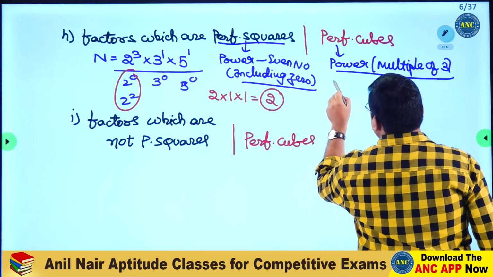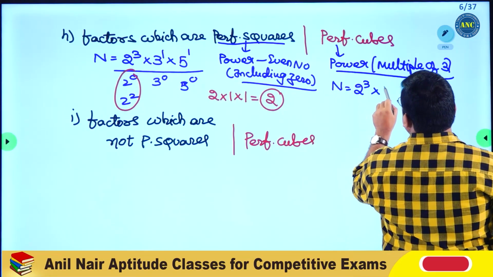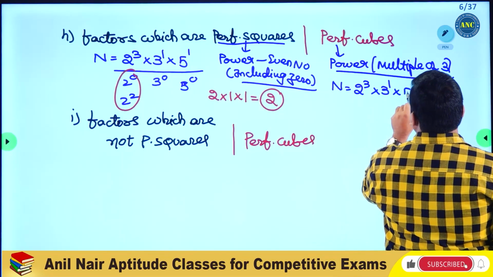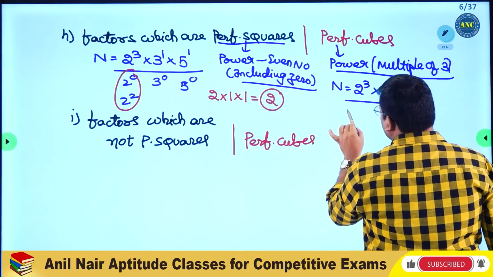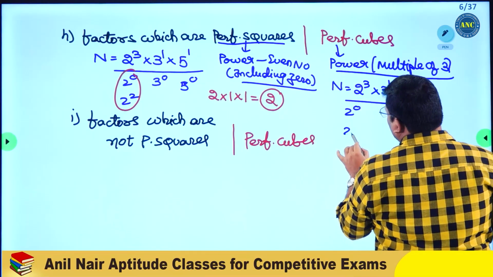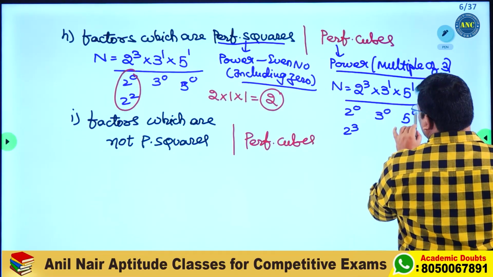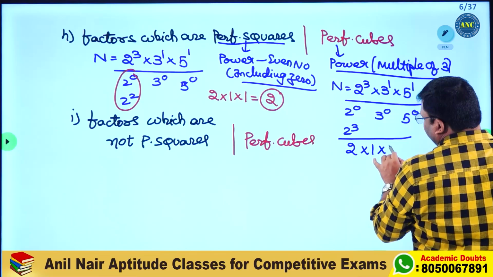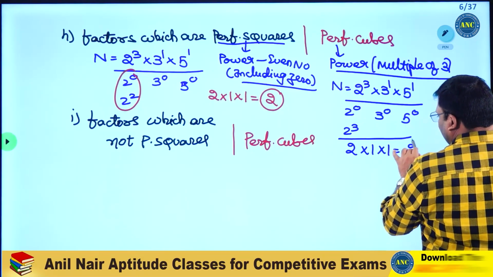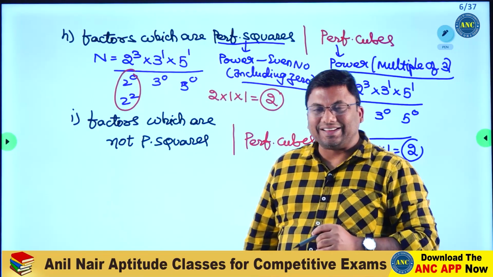So n is equivalent to 2 power 3 into 3 power 1 into 5 power 1. The power should be a multiple of 3: 2 power 0, 2 power 3, 3 power 0, 5 power 0. So the answer is 2 into 1 into 1. The answer is 2. I hope the idea is clear.